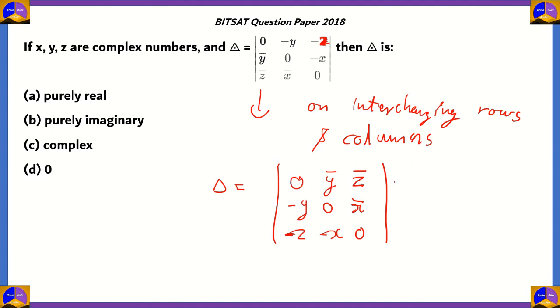So now we take the negative out of all the 3 columns here. So you get minus 1 the whole cube times 0, minus y dash, minus z dash, y, 0, minus x dash, and then you have z, x and then 0.